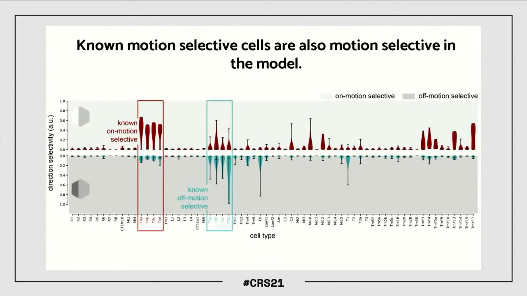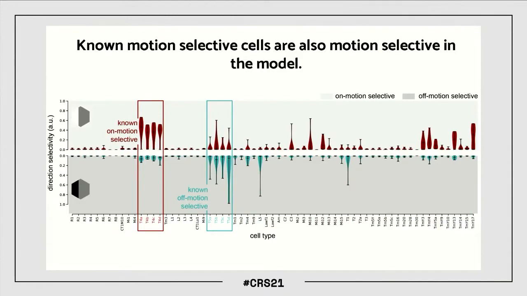And maybe more importantly, because this contributes to the motion detection capability of the cells, we quantify the direction selectivity in the models, and values above 0 mean that the cell is direction selective. So it responds strongly to motion in a particular direction. And we know for T4 cells here in red that they are selective to motion of bright things, and T5 cells are selective to motion of dark things.